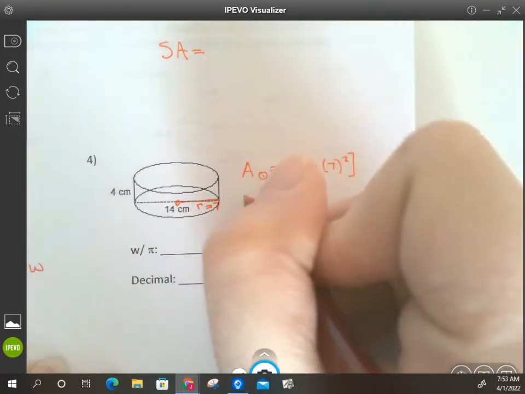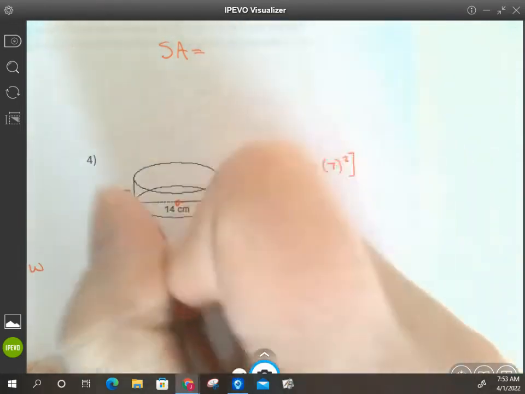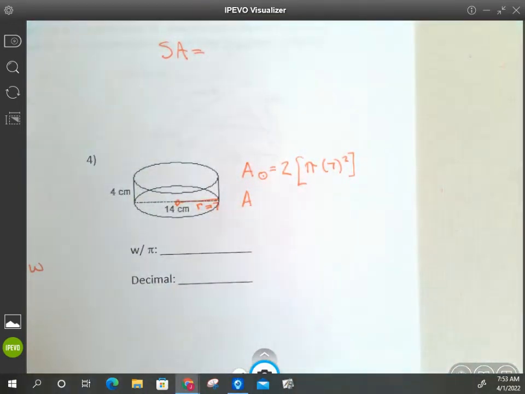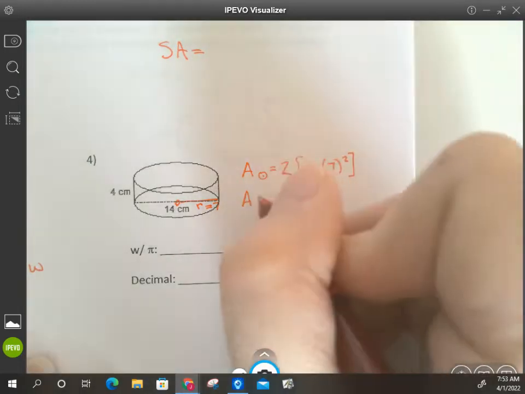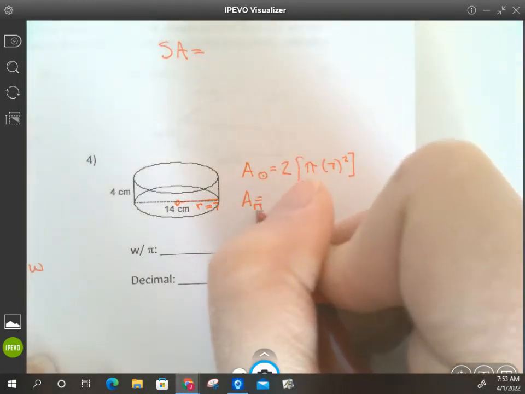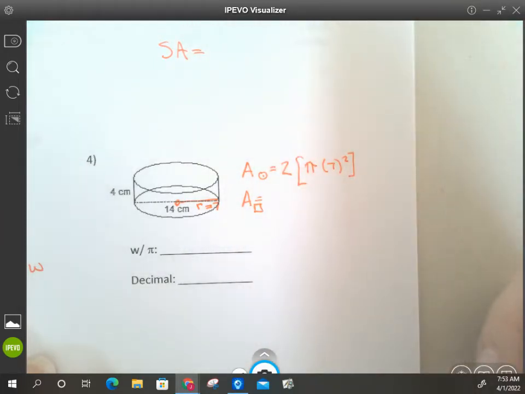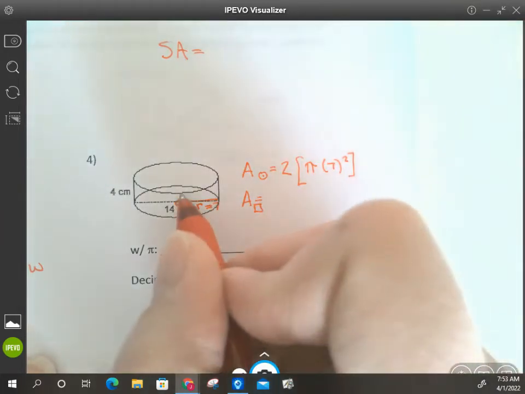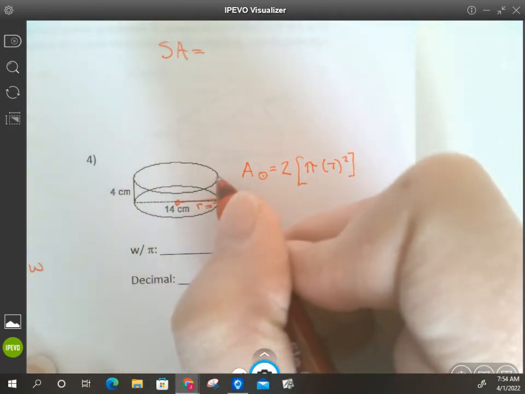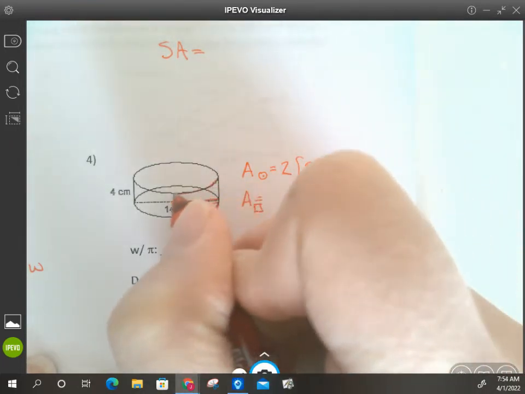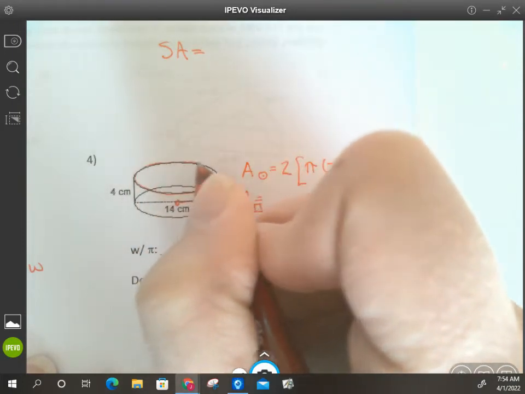Now, I need to find the area of the thing that wraps around it. Do you remember what it is that wraps around your cylinder? It is a rectangle. So if you can imagine that, I'm going to say area of the rectangle. The area of the rectangle, that one's a little bit different. If you unpeel this and you unfold it, wouldn't this wrap the whole way around the circle?